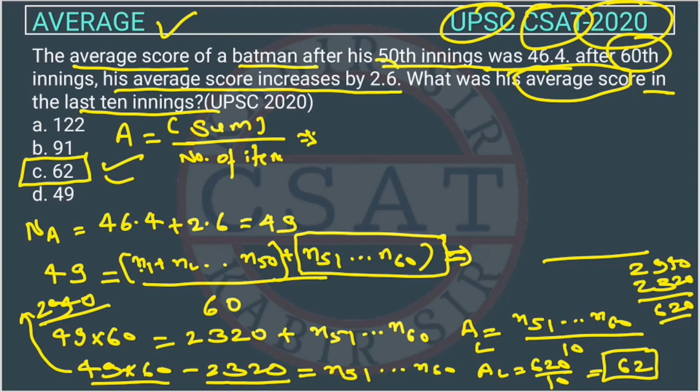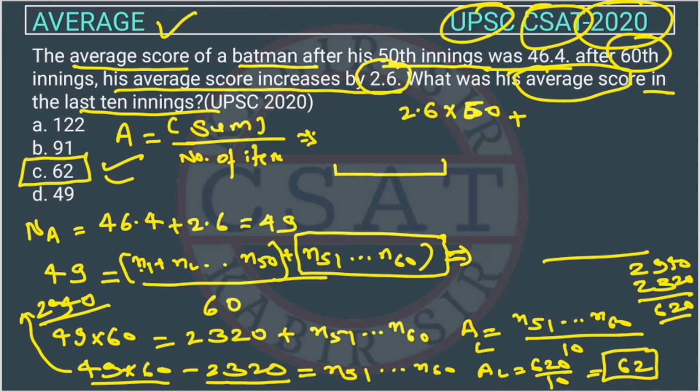See, the average score increased by 2.6. This increase of 2.6 applies to his initial 50 innings also, so it will be 2.6 into 60. And what is his average in the last 10 innings? Let's see what is happening.